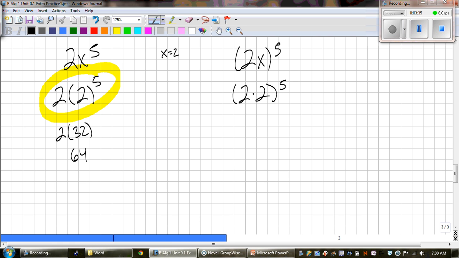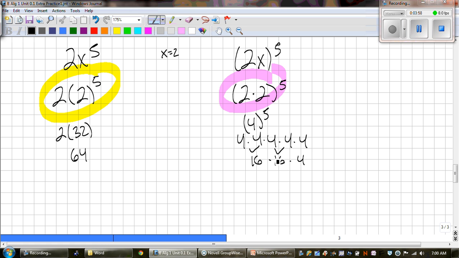All right. Well, on the right side over here, we have to do inside the parentheses first. So we get 4, and now that is saying 4 to the fifth, which would be 4 times 4 times 4 times 4 times 4. I'm just going to pair these off. 4 times 4 is 16. 4 times 4 is 16.